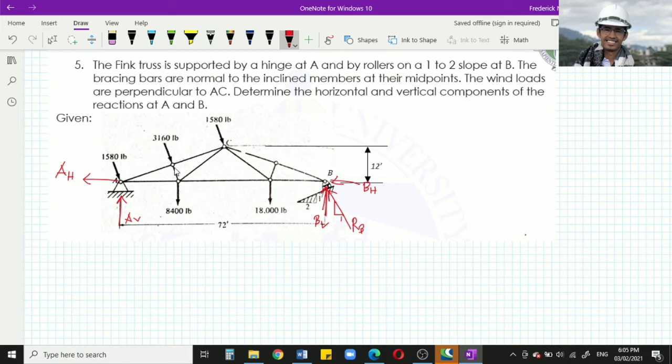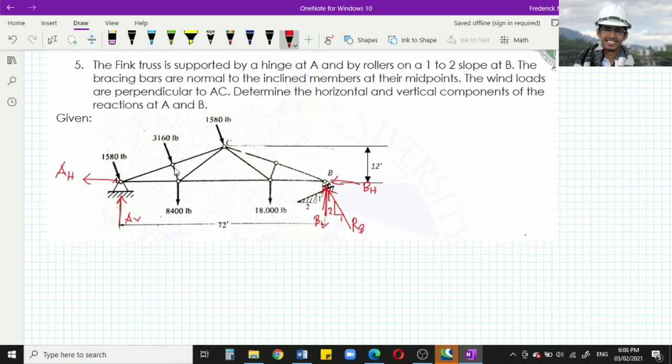So this will be 1:2. So para makuha natin yung vertical and horizontal components ng ating mga reaction, first mag-moment tayo dito sa point A para makuha natin yung RB, yung BV and yung BH.